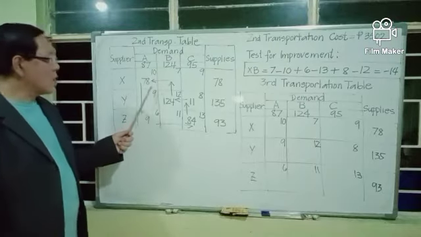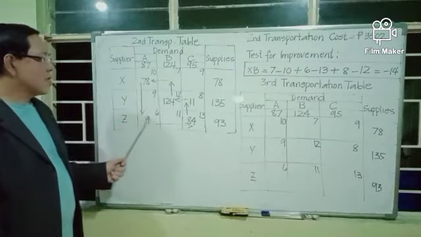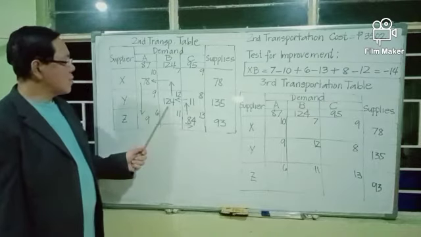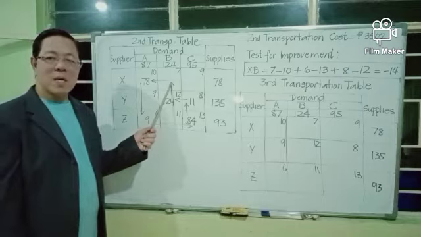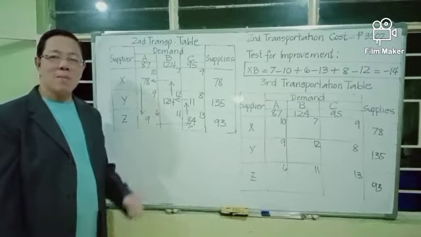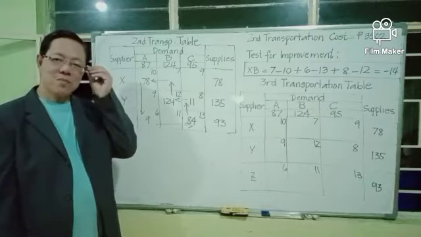That means that all these numbers, 78, 9, 84, 11, 124, and this is a vacant cell initially, it has 0. All these numbers will have to change.